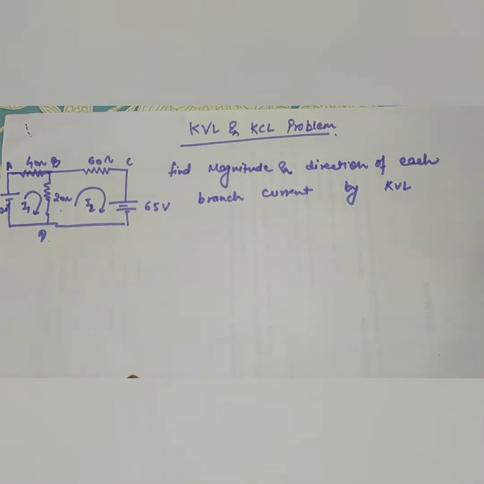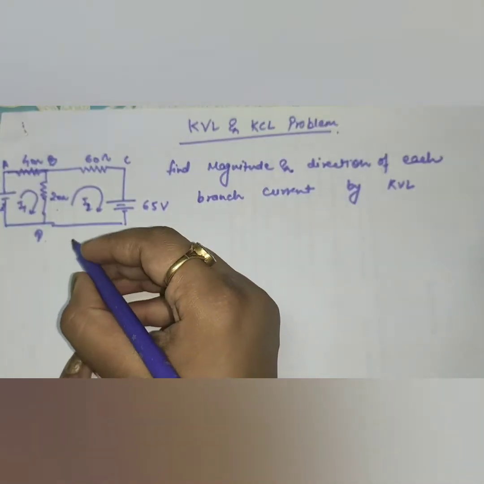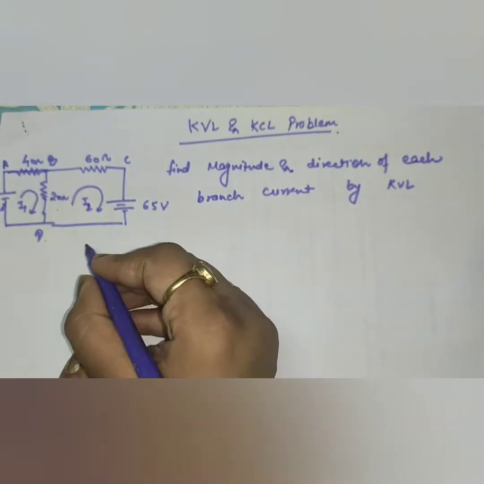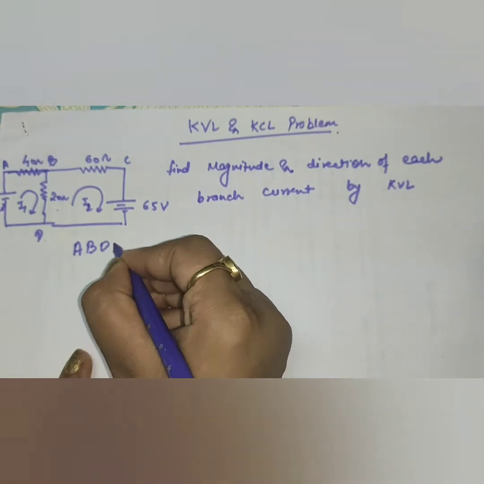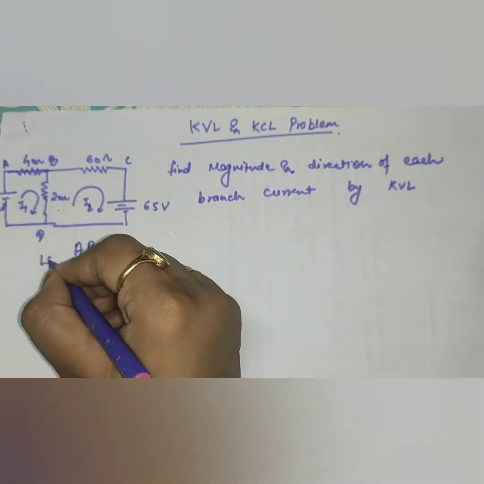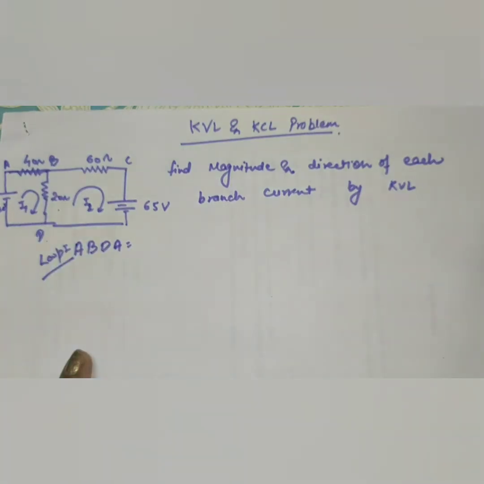Now, first of all, by KVL, we will do our mesh. We make mesh A, B, D, A. This is loop 1. Let's suppose the currents flowing are I1 and I2.